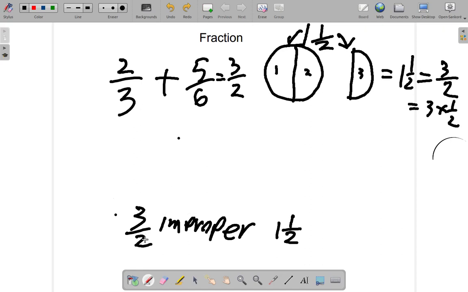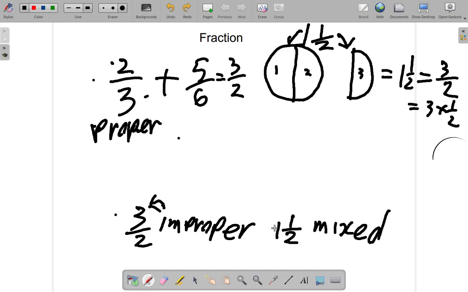When you have 3 halves turn into 1.5, you have a mixed fraction. 2/3 is a proper fraction because you have a smaller numerator up top. 3 halves is an improper fraction because you have a bigger numerator up top. 1.5 is a mixed fraction. You have the whole number mixed up with the fractional part, if you want to remember it that way.